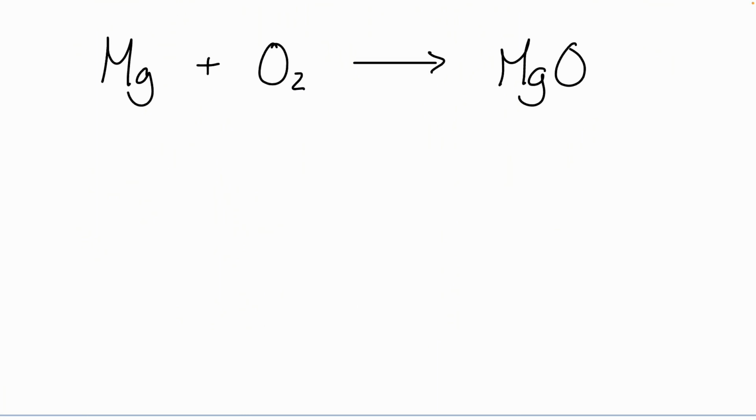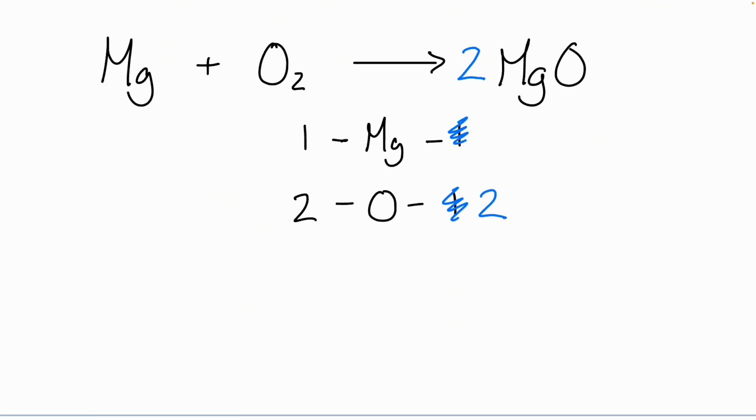I'm going to count the number of magnesiums on both sides, and count the number of oxygens on both sides. Currently I have 1 magnesium and 2 oxygens on my reactant side, but I only have 1 of each on my product side. So in order to make my oxygens match, I've got to put a coefficient of 2 out front of my magnesium oxide.